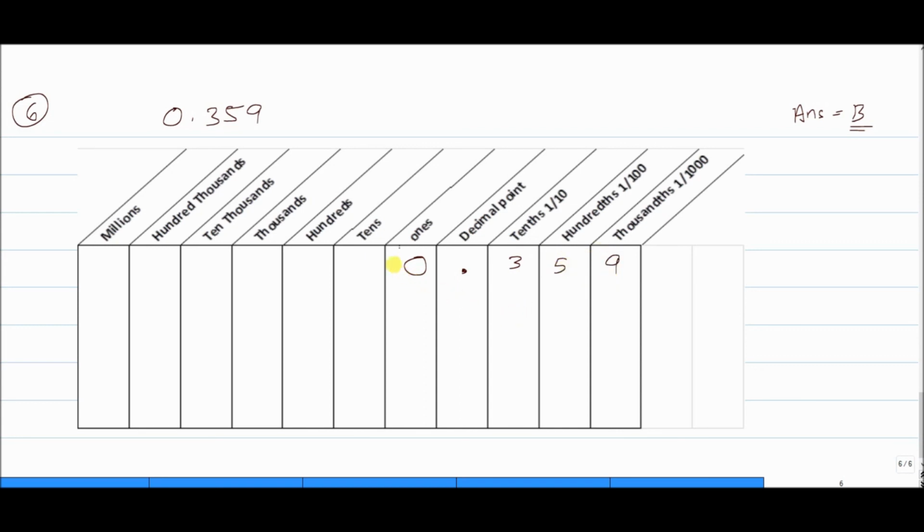So again, it's a number totally below 1, so it's fractional. No ones, 3/10, 5/100, and what? 9/1000. So they ask us for the 5. Our 5 would be in our hundredths column. So it really is 5 out of 100. And that corresponds with letter B. So our answer for number 6 is B.